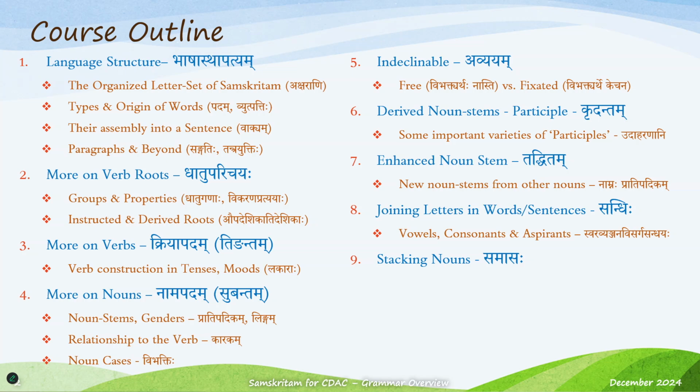So we will look at how multiple related noun stems, not unrelated, can be stacked up to make a longer noun stem, but still that will be much more compact than the version where the relationship is described.